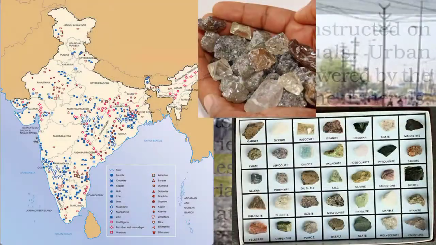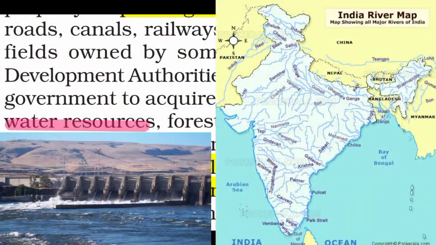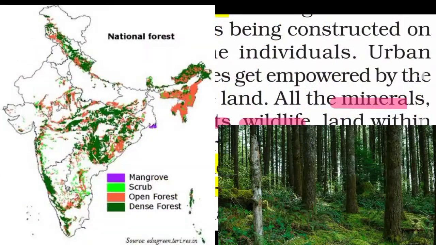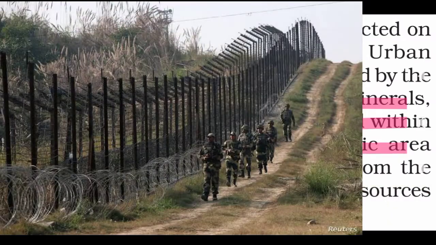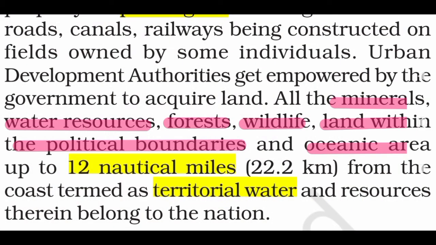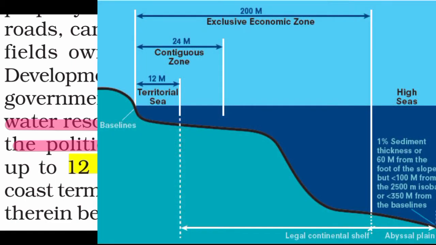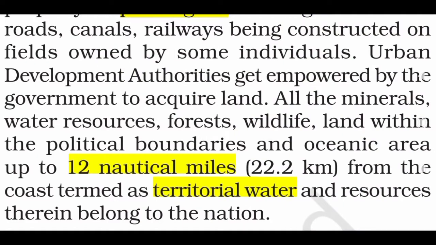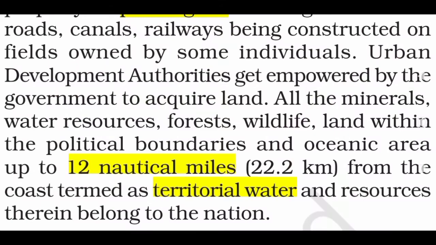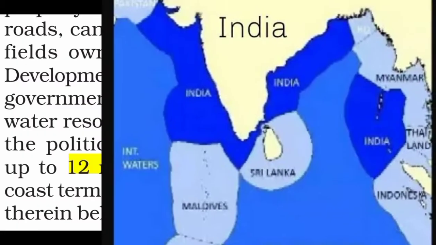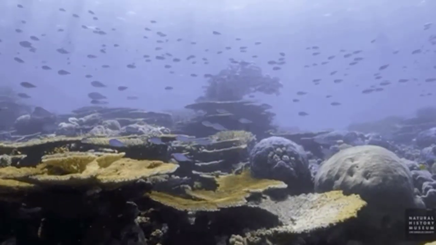All the minerals, water resources, forests, wildlife, land within the political boundaries and oceanic area up to 12 nautical miles, that is 22.2 kilometers, from the coast, termed as territorial water, and resources therein belong to the nation.